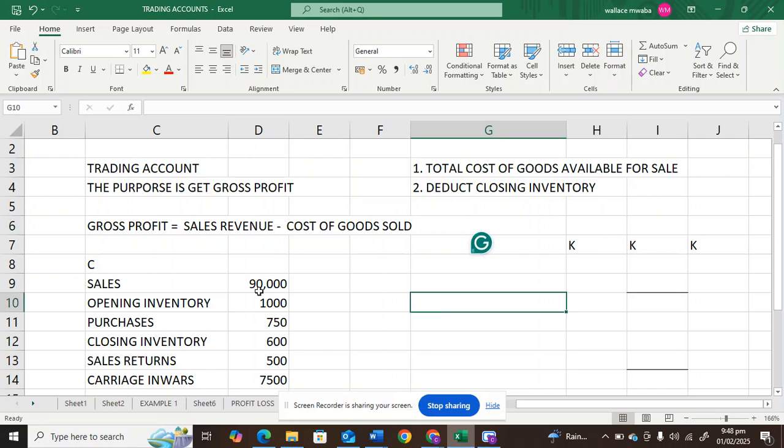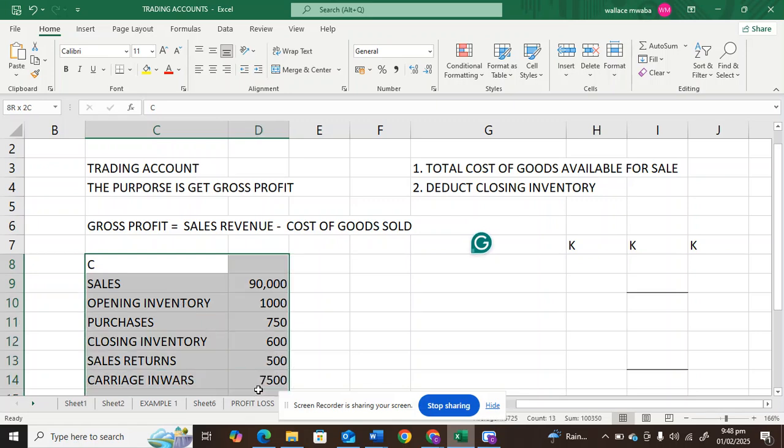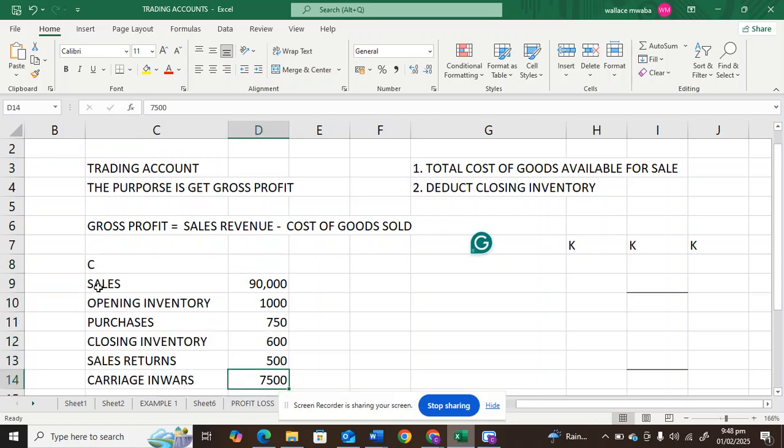So we've got this information for company C here. We've got the sales revenue, money made from selling the goods, 90,000. We have the opening inventory. These are the goods that you start with at the beginning of the financial period. When your financial year starts, the goods that you have in stock, that is your opening inventory.